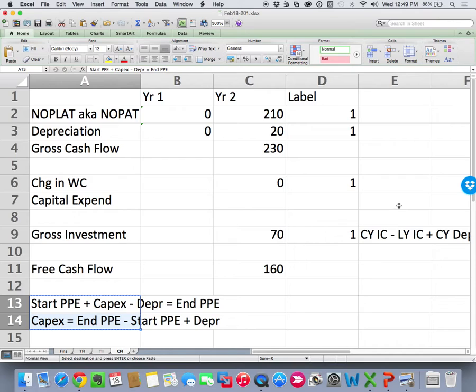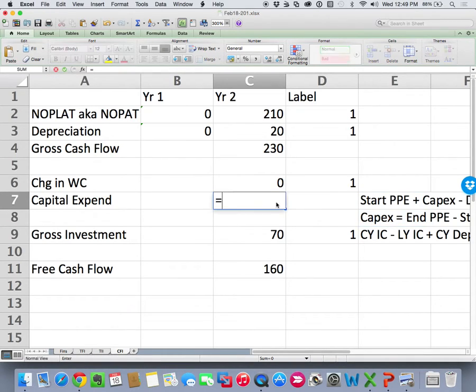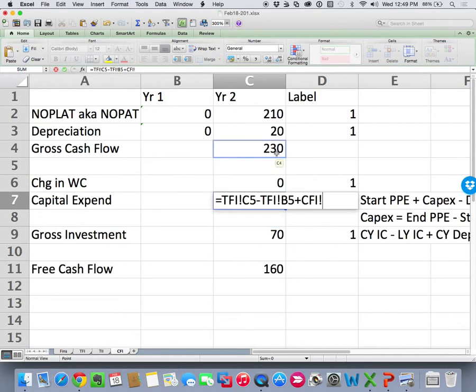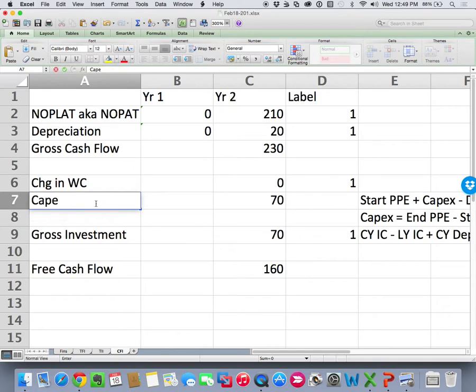Put that formula over here. So, equals for capital expenditures: ending PP&E minus beginning PP&E plus depreciation, 70. CapEx, 70, 230 minus the 70, 160.